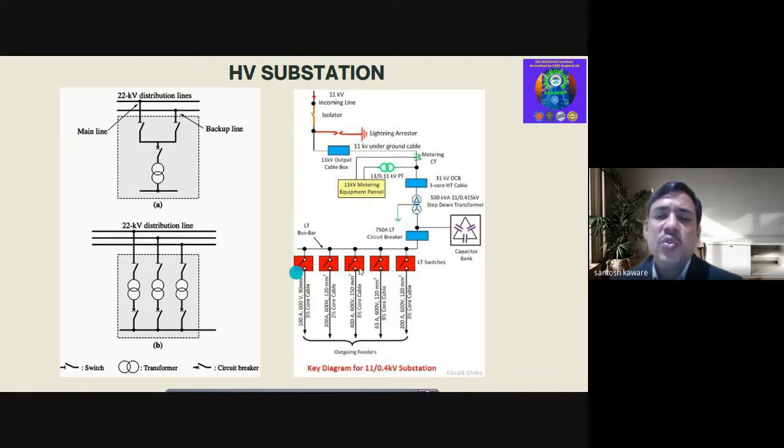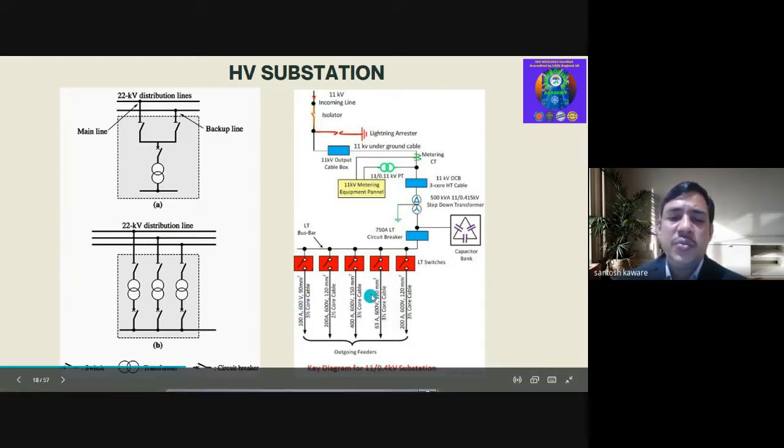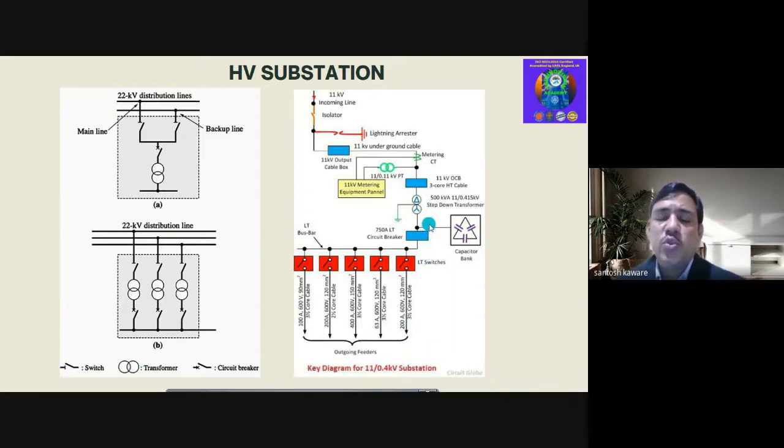These are your distribution feeders, which are going at different levels. These are our supply, and LT switches are used here. Here, for power factor improvement or reactive power compensation, you may have capacitor banks also.